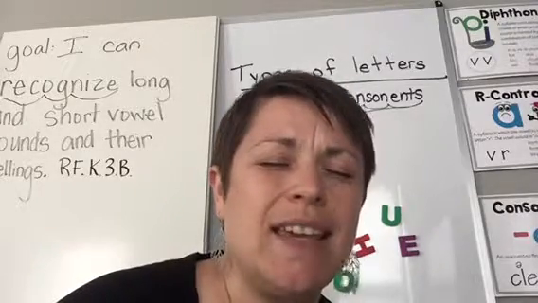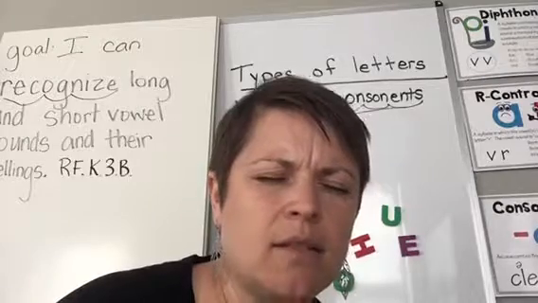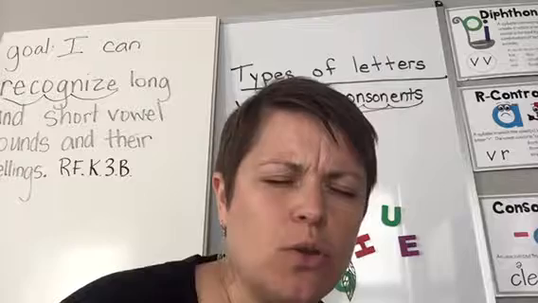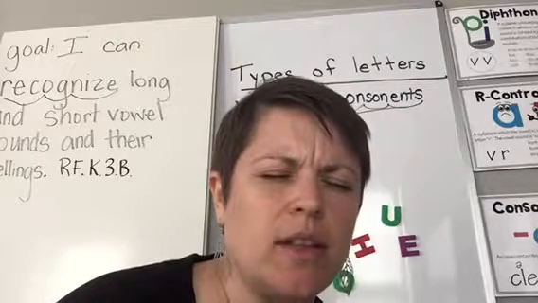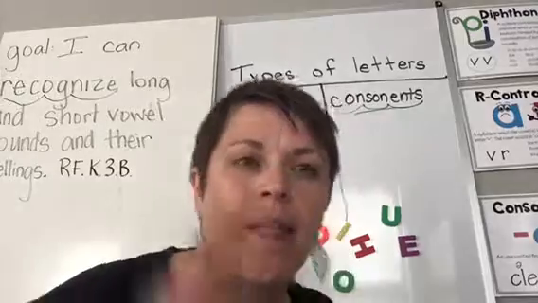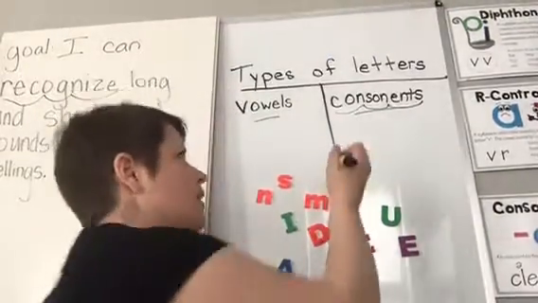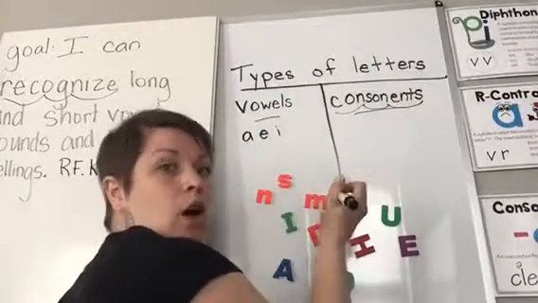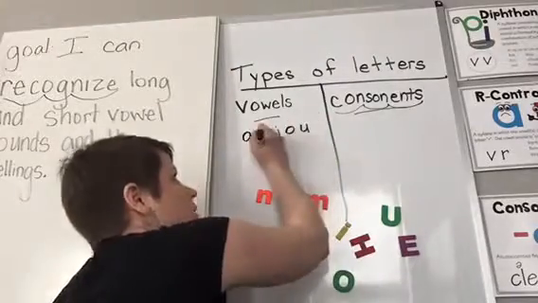Can you visualize E? So we have A, E, I, O, U, and Y. Are they all in there? Okay, open your eyes. Those are our vowels. Let's say them together. A, E, I, O, U, sometimes Y.